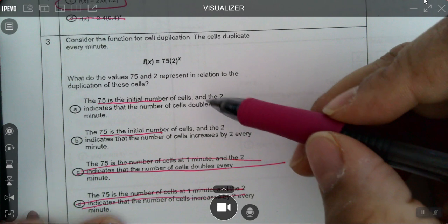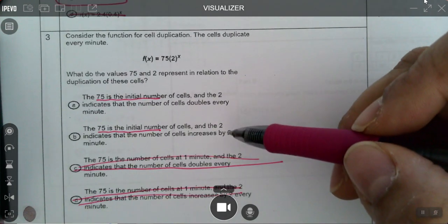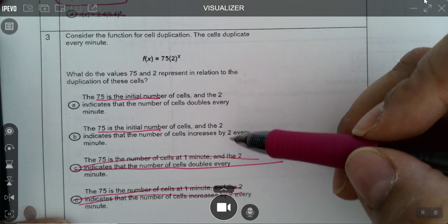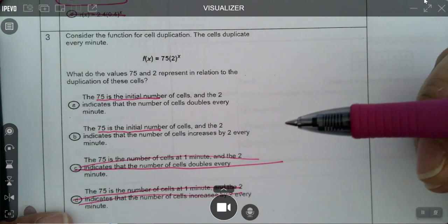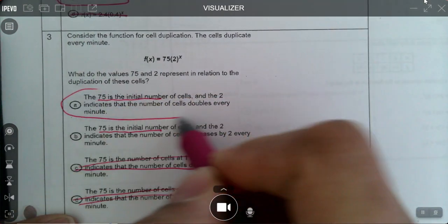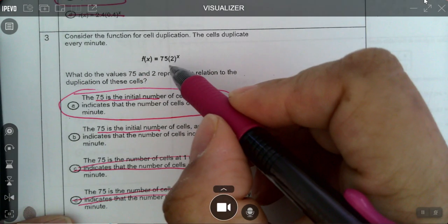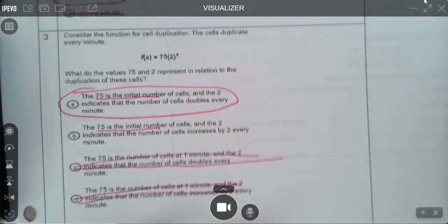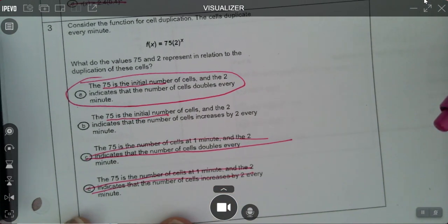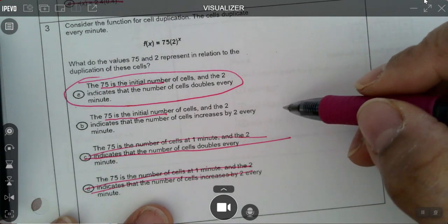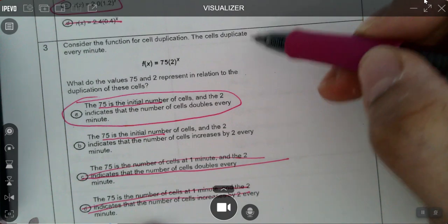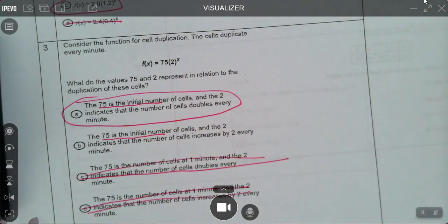So now, what does the 2 represent? So which one says that? There we go. Yes, the 2 means it's doubling, okay? This would be linear, increases by 2 every minute. So that's plus 2, plus 2, plus 2. Whereas this one is times 2, times 2, times 2.